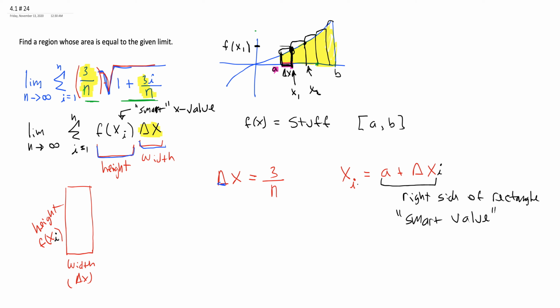So if you wanted the first smart value, that would be a 1, and then you'd have that a value of whatever it was, plus your delta x times 1. So it'd be a plus delta x, bam, there's your first smart value. You put a 2 right here, or times 2, and then you go here, plus delta x, plus another delta x, and bam, you got that value.